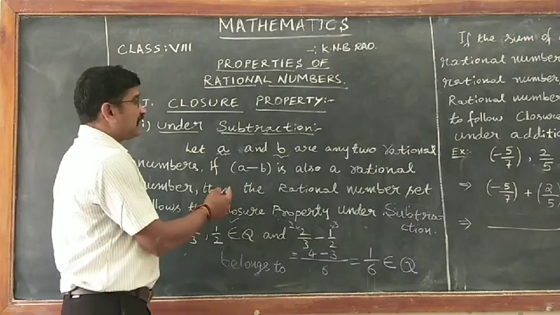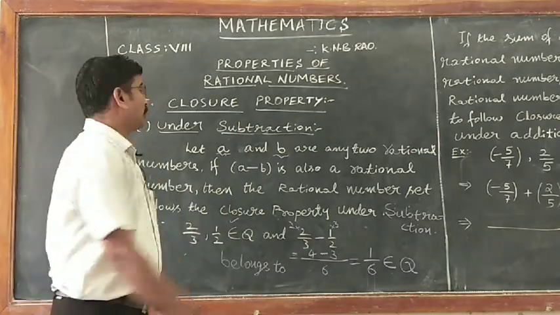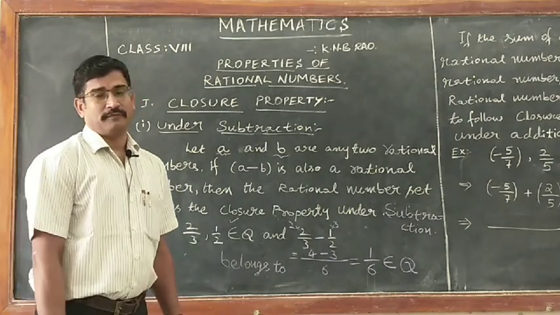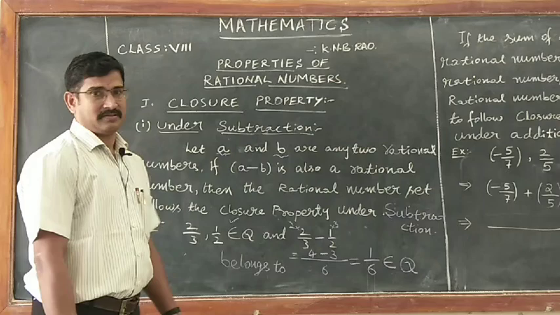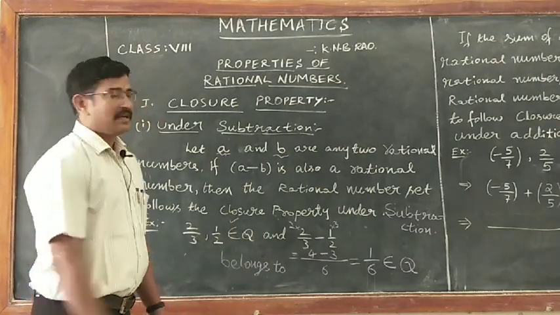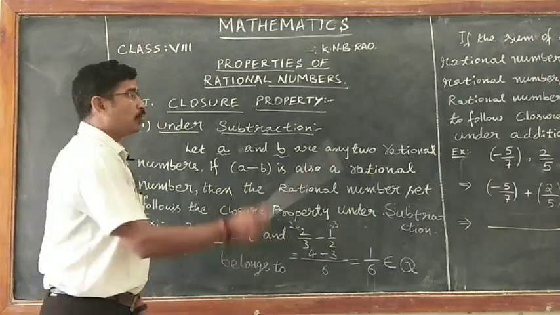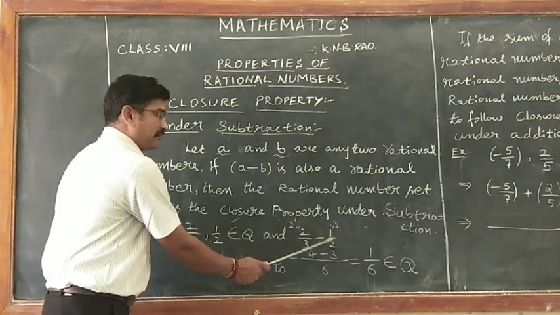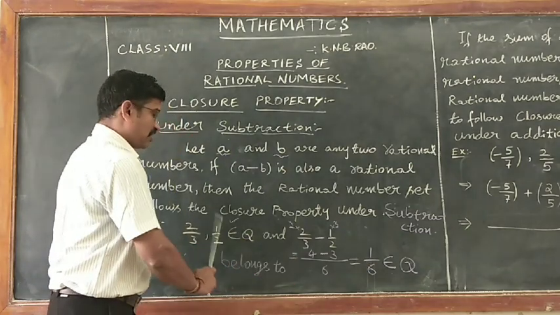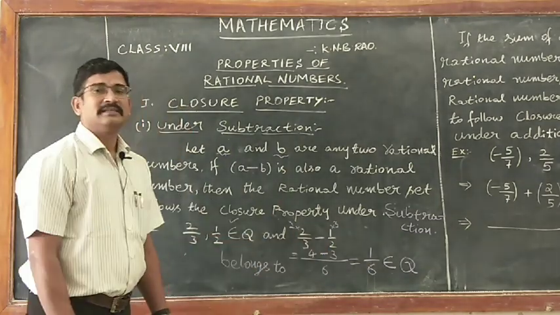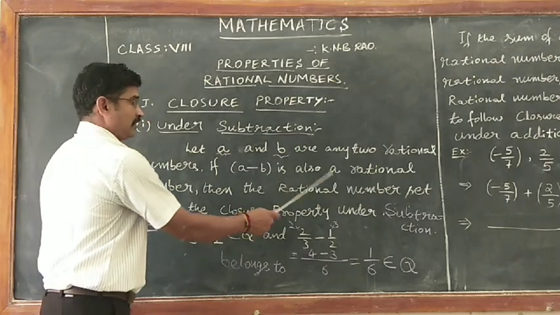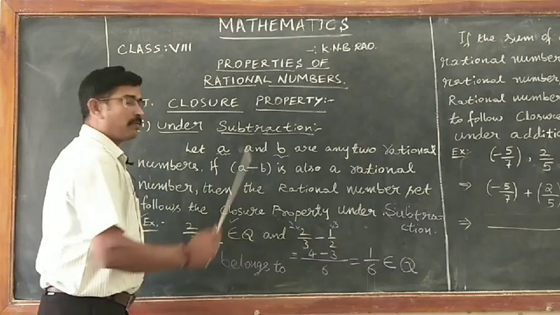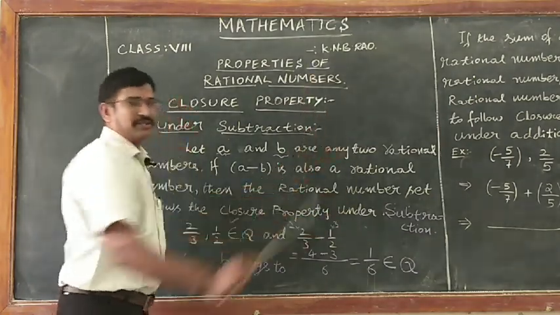So, how do we tell the closure property in general? If the difference of any two rational numbers is again a rational number, then the rational number set follows the closure property under subtraction operation.